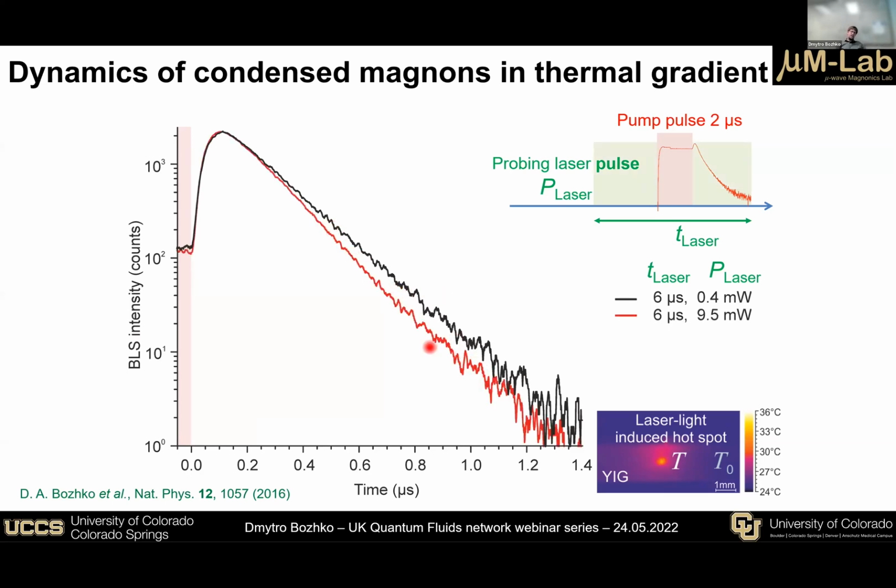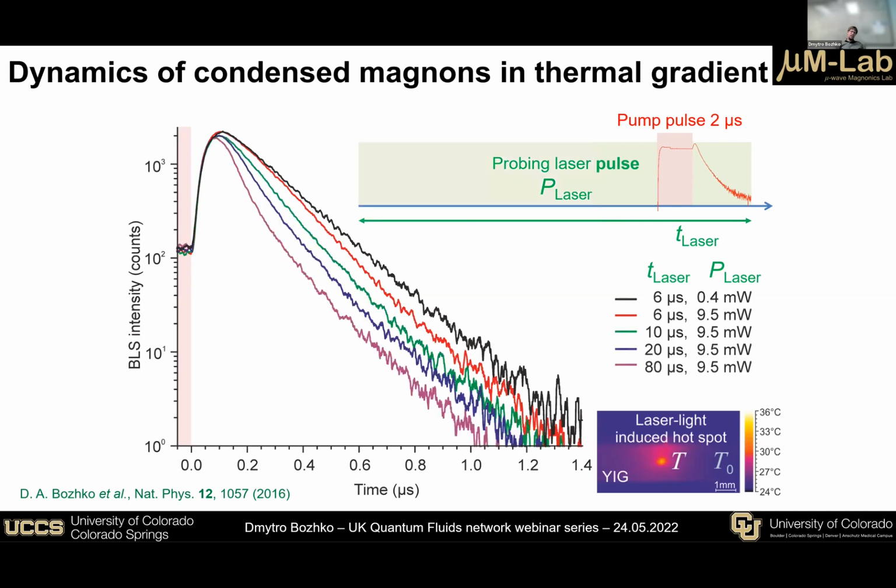As we increase the probing laser pulse duration, we increase the heating, and we see that the dynamics goes from linear in log scale to nonlinear. This dynamics has strongly changing slopes at the beginning, and then at some level it turns into the same relaxation rate back.